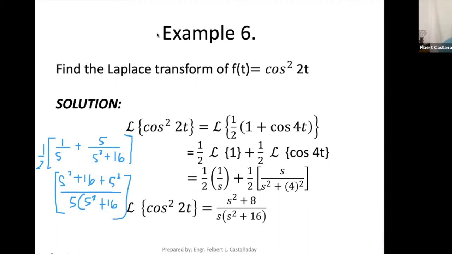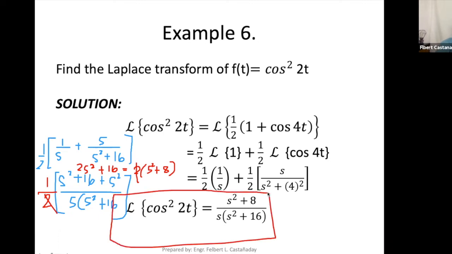So we have 2s squared plus 16. And you can also factor out 2 there, so 2 times s squared plus 8. But since there is also a factor of 1/2 here, we can cancel the 2. That's why the result is s squared plus 8 over s times s squared plus 16.